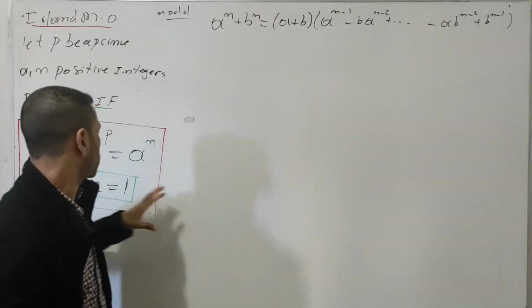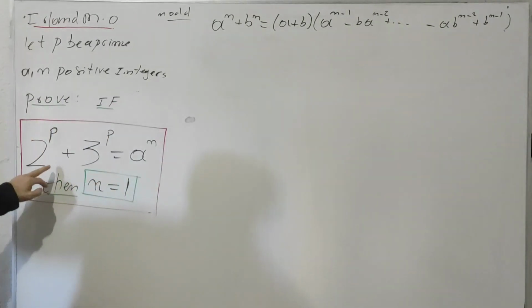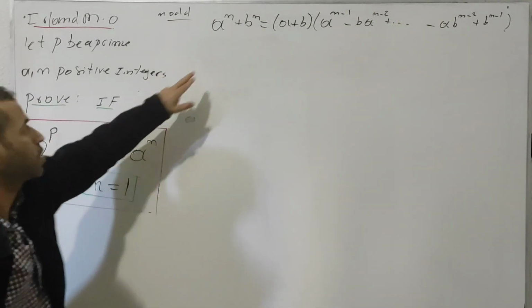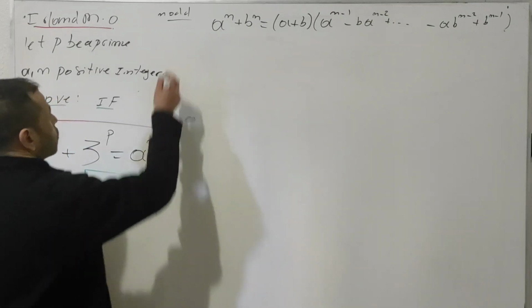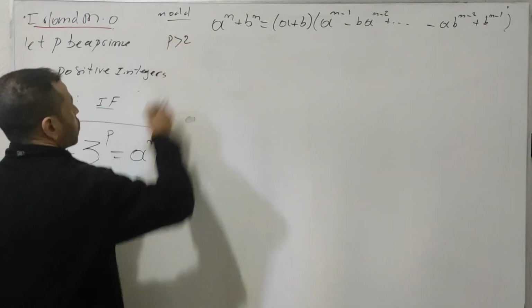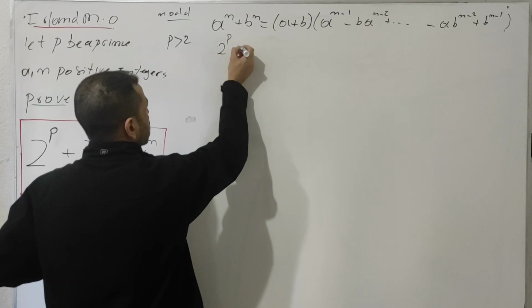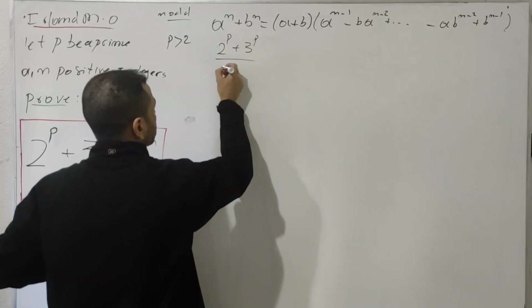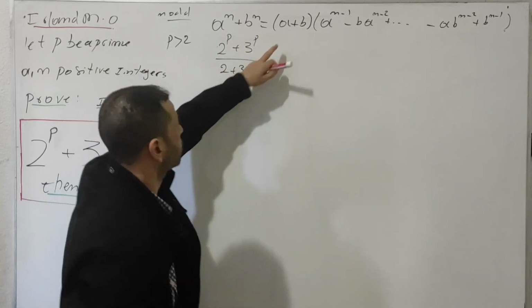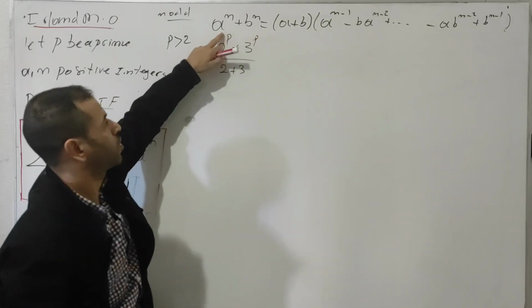Okay, so I'm going to do the same thing here. I'm going to put 2 as a and number 3 as b. If p is an odd prime, we'll have 2 to the p plus 3 to the p divided by 2 plus 3. I'm just taking this term and dividing it by this term.